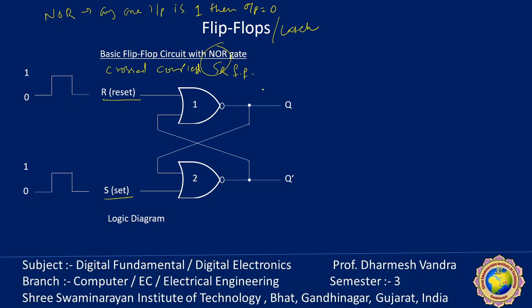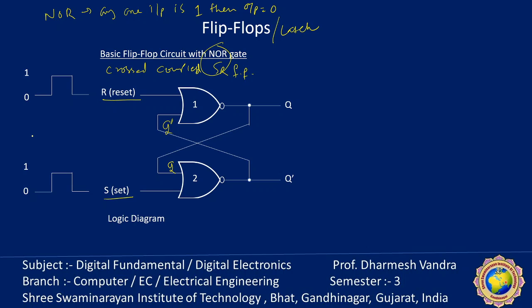So of the two external inputs, gate number 2 has another input Q, and gate number 1 has an input Q dash with reset. Remember that Q and Q dash are complements of each other.